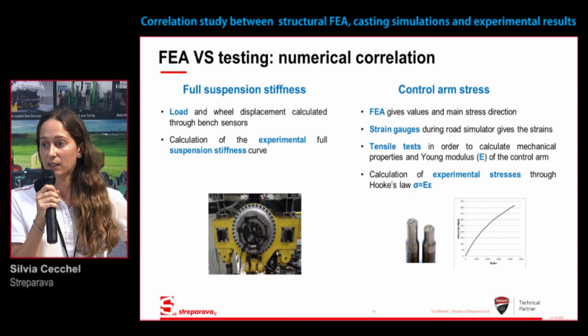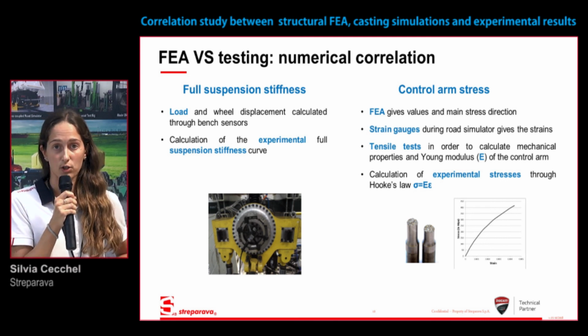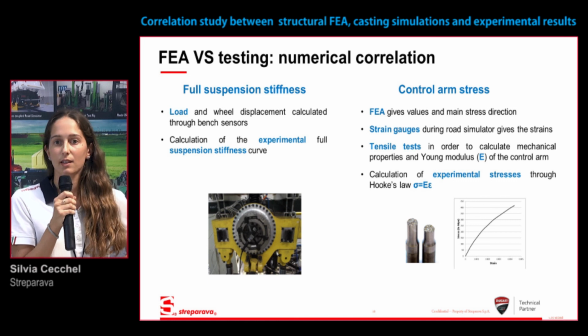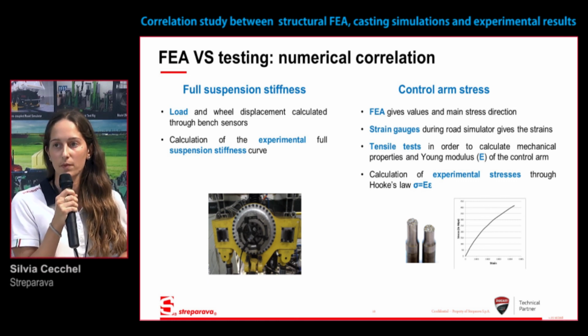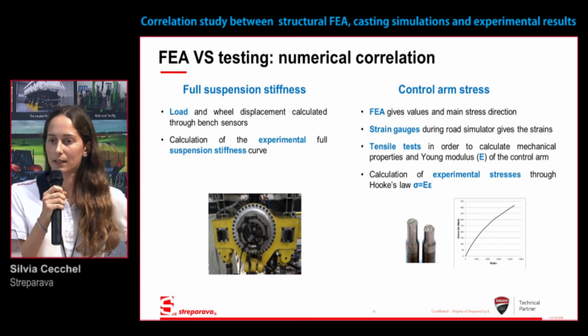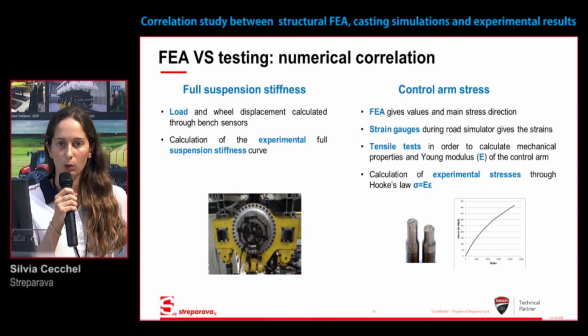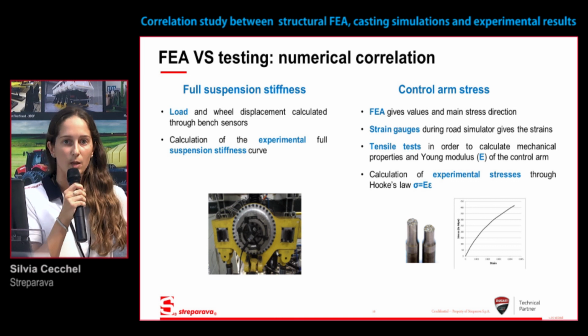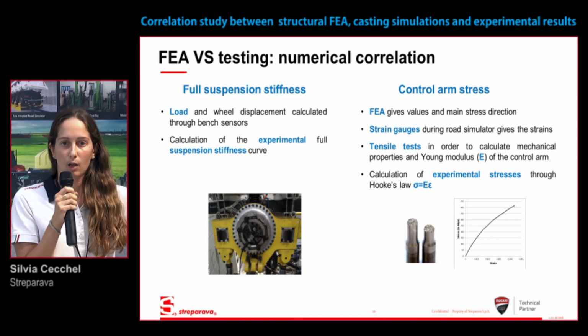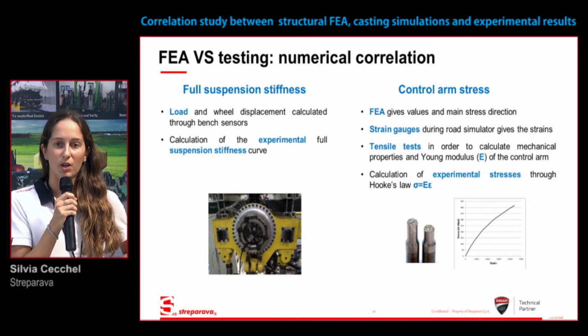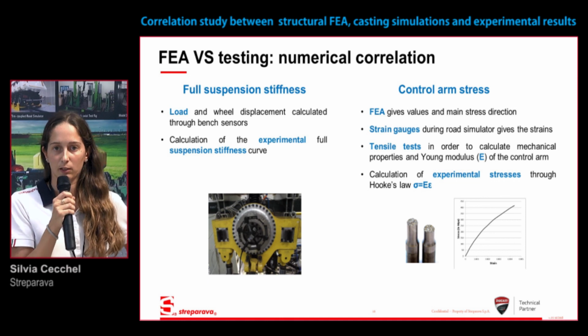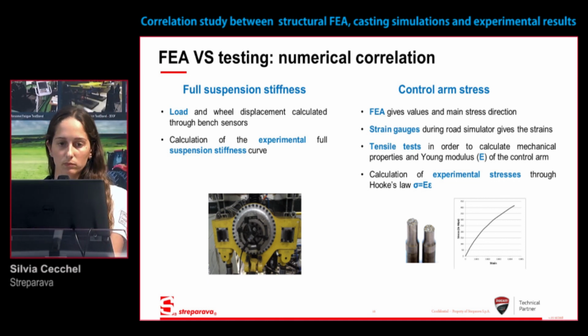The FEA gives the value and the main direction of the stress, and the strain gauges, as you know, gave some microstrains that were transformed into stresses by means of Hooke's law. And in particular, the Young's modulus was calculated by means of tensile tests on specimens that were machined out from the component in order to be reliable in the perspective of the final application.